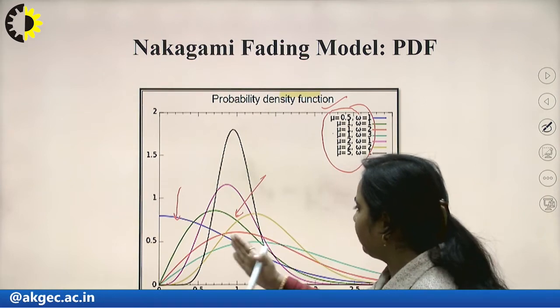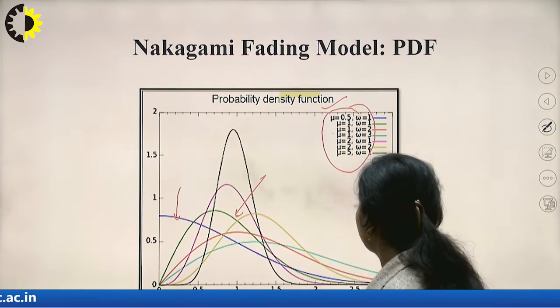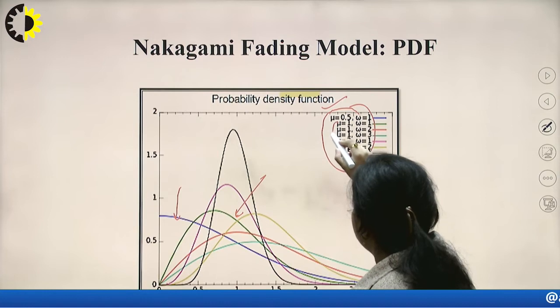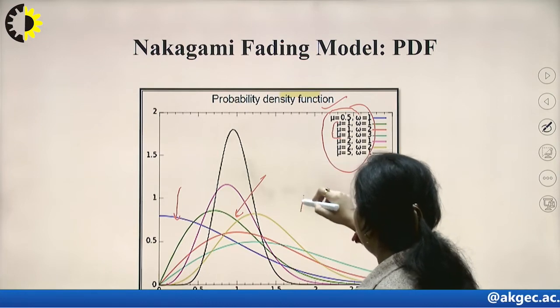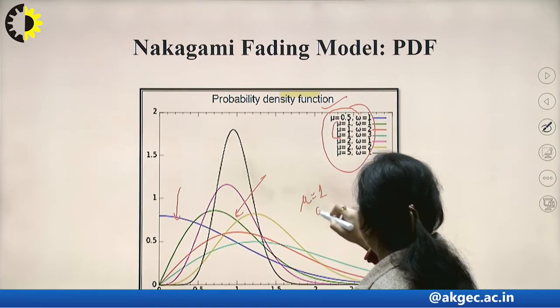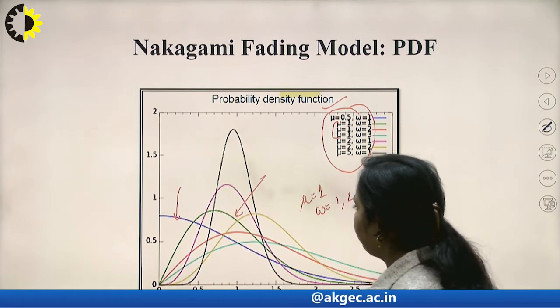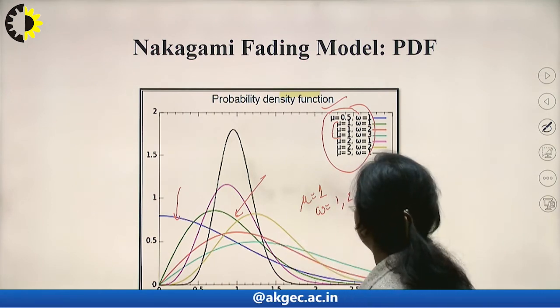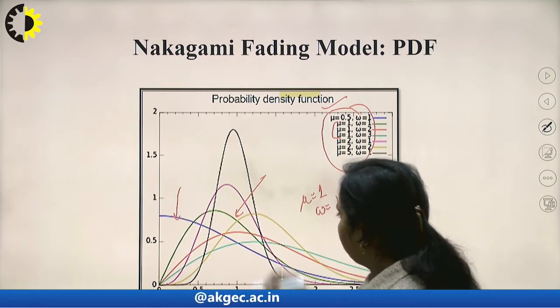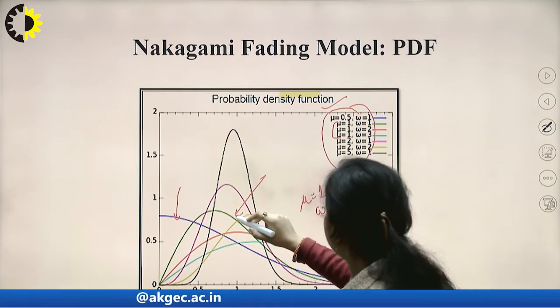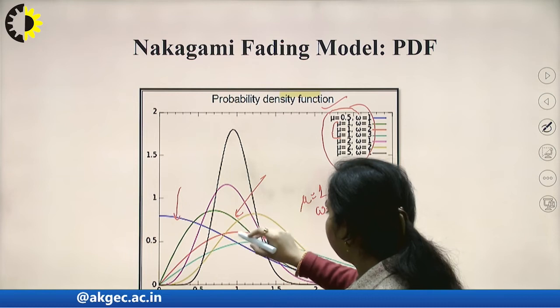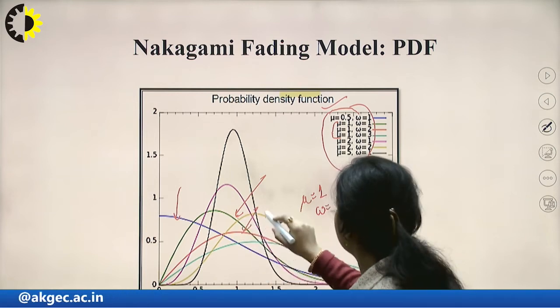You can see that for these three cases mu equals 1 and omega equals 1, 2 and 3, you can see the steepness of the graph. The green color is for the first case, the red color for the second case, and this is for the third case.